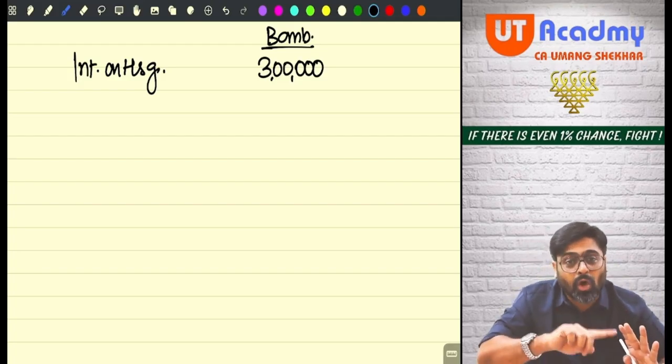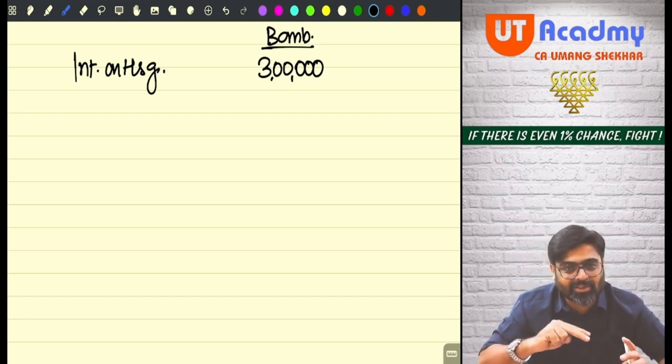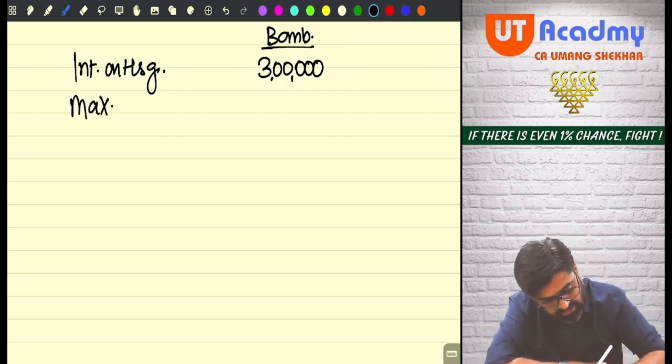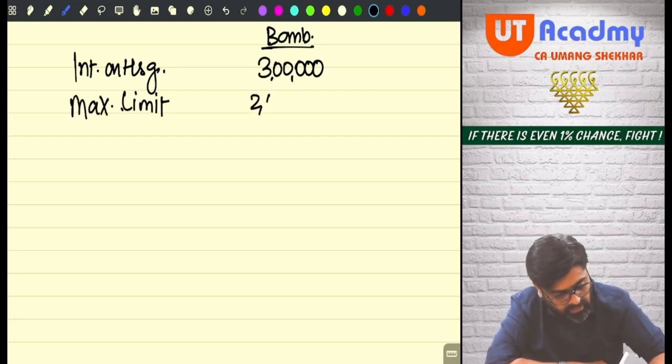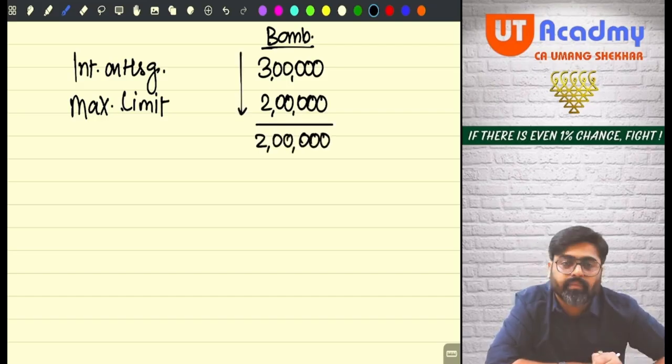So is the loan a normal loan or a special loan? Special loan. On that, the interest will be 2 lakhs maximum. So the maximum interest under section 24B for this loan will be 2 lakhs. So 3 lakhs or 2 lakhs, whichever is lower, your interest deduction here will be 2 lakhs.